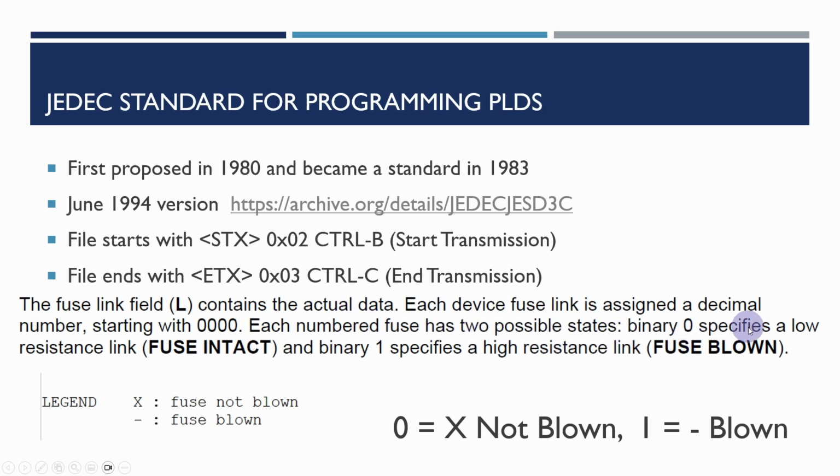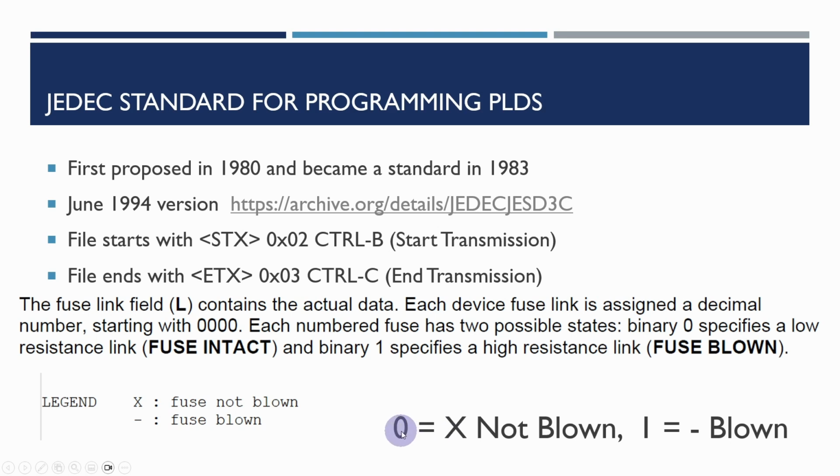Binary 0 specifies a low resistance link, fuse intact, so 0 means leave it alone, and binary 1 specifies a high resistance link, fuse blown. So the zeros in JEDEC mean leave it alone, the ones mean blown. And the legend in the document file showed an X is fuse not blown and a minus is fuse blown. So it works a little counter to the way my brain works.